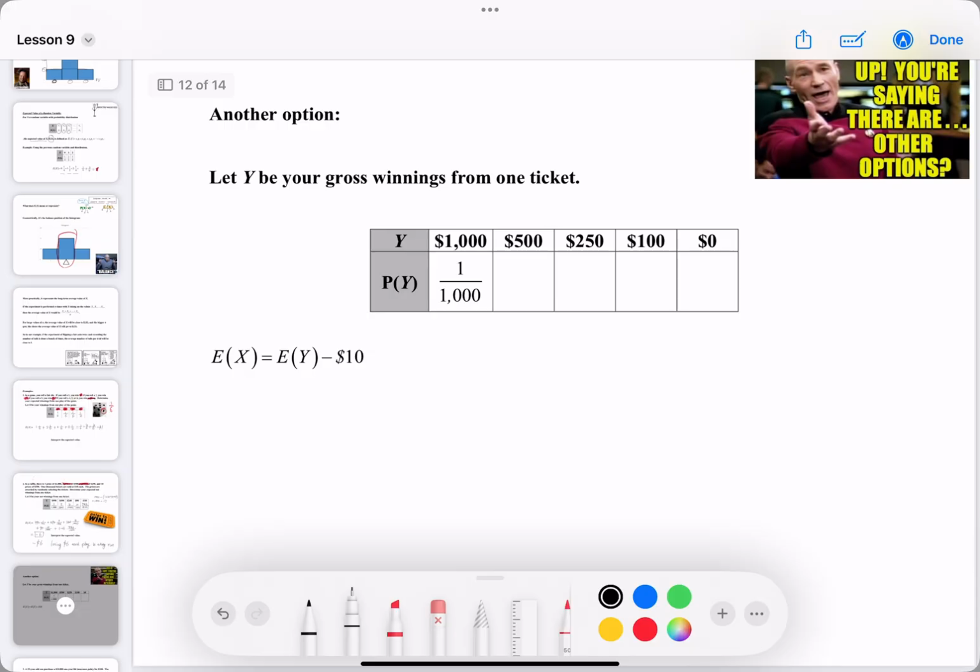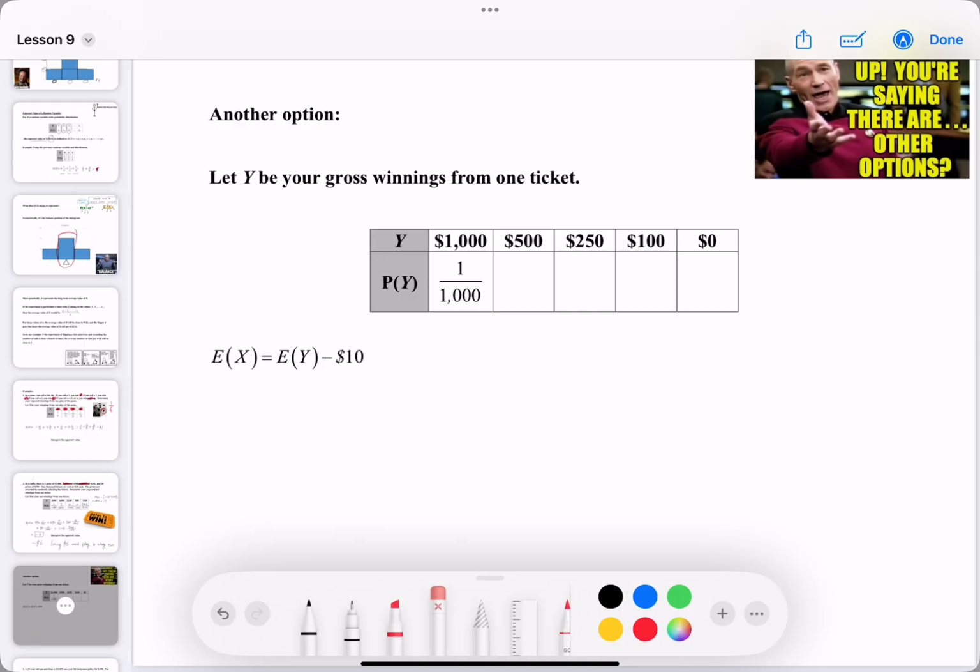Okay, here is another option for solving this one. If my random variable, I didn't choose 990 here and 490 here. So the first row, the random variable, I'm going to say is the money I'm going to win without thinking of buying a ticket. For example, Y equals $1,000. The probability is 1 over 1,000 because only one ticket has $1,000.